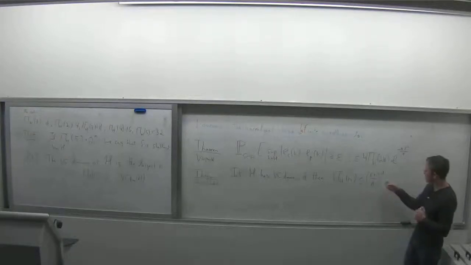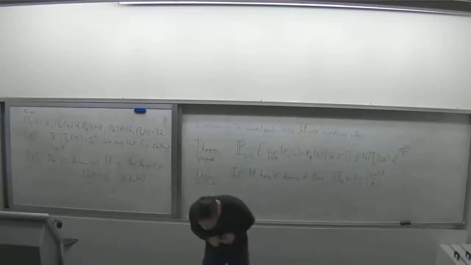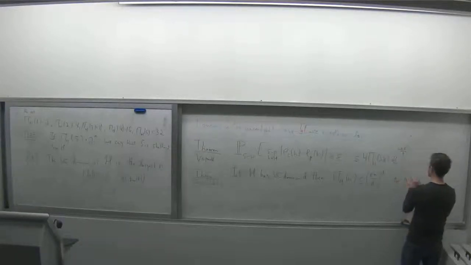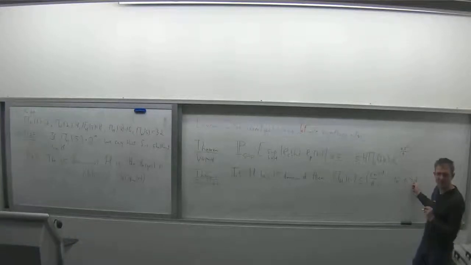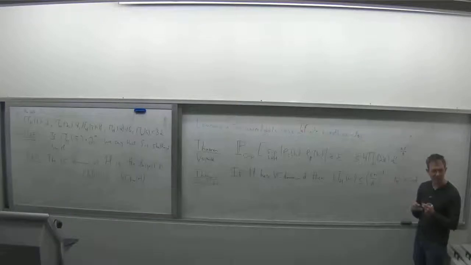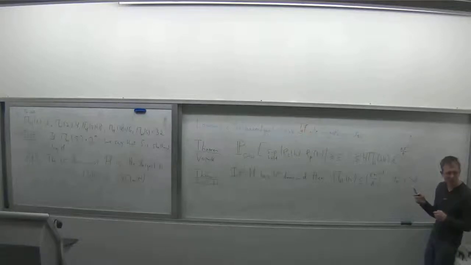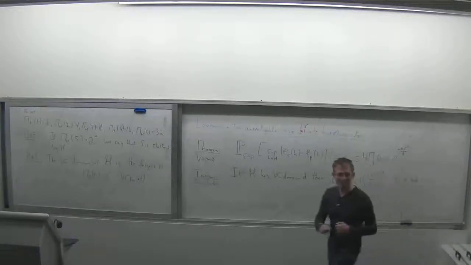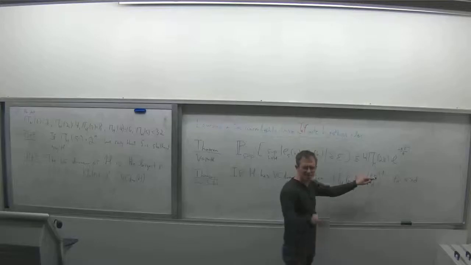If your VC dimension is finite, then this holds for n greater than d. Up to d, what is pi H n? It's 2 to the n, right? Up to the dimension, it is 2 to the n.